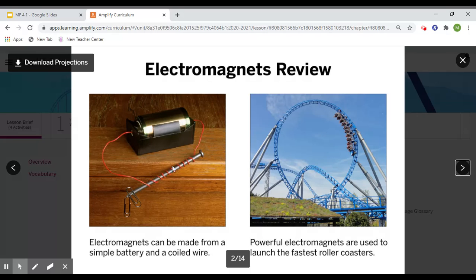Once it's connected, this will turn into a magnet, and that's why we call it an electromagnet, because we need electricity to get it started. Powerful electromagnets are used to launch the fastest roller coasters. So if you've ever been to Disney or Universal or somewhere with roller coasters, those are usually powered by electromagnets.